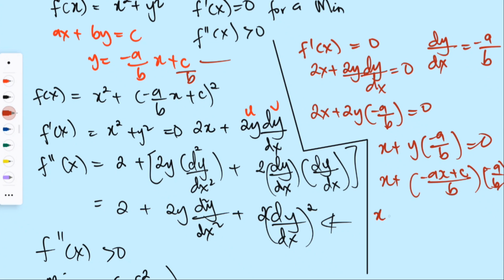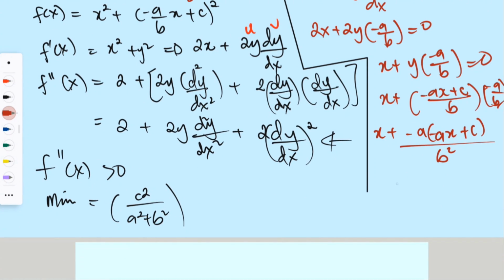Expand our brackets again. x plus negative, let us see. Okay, negative a has to multiply negative ax plus c over b squared.